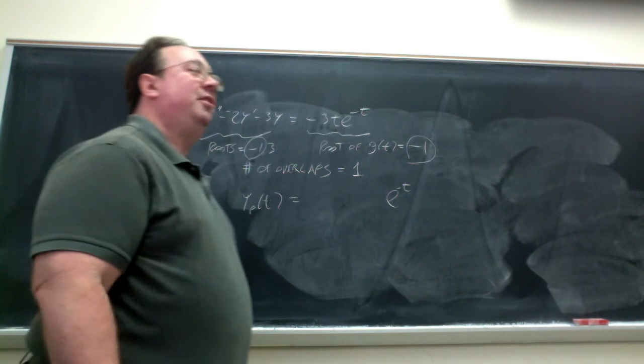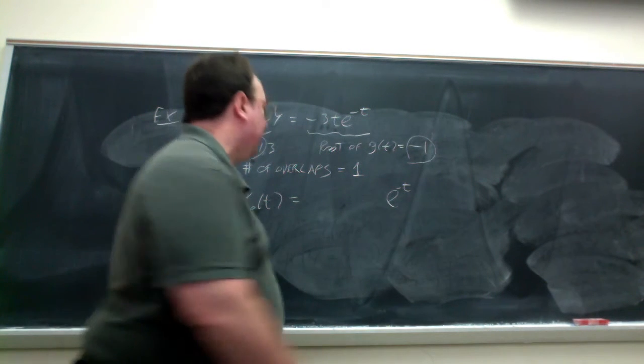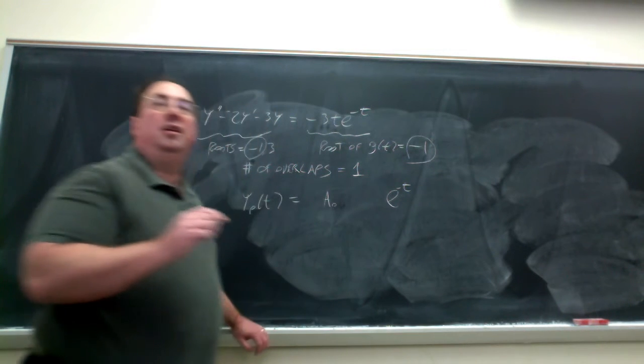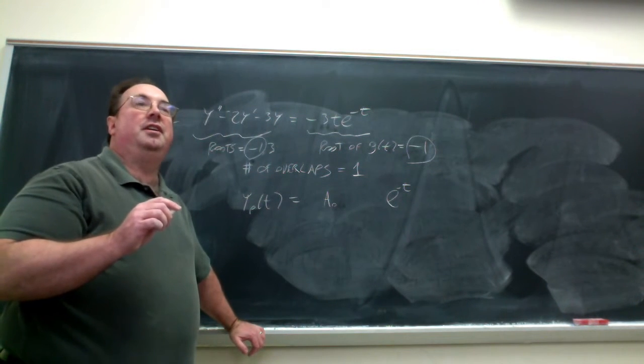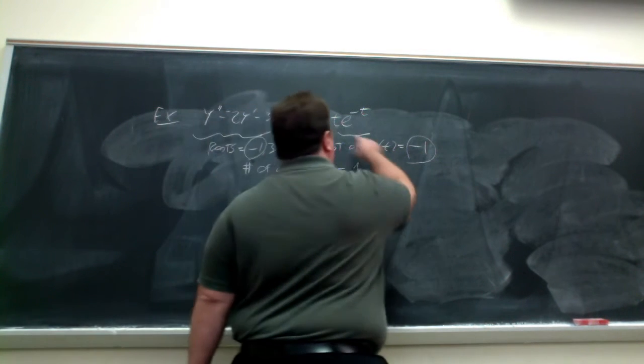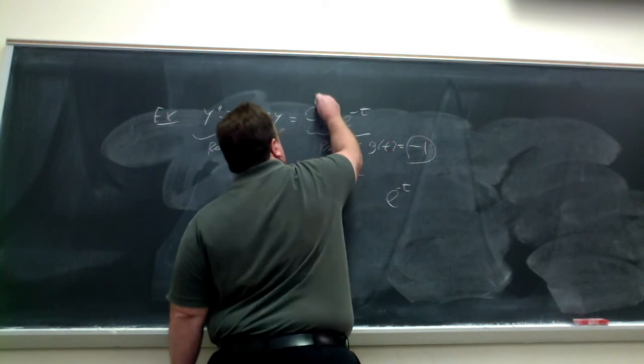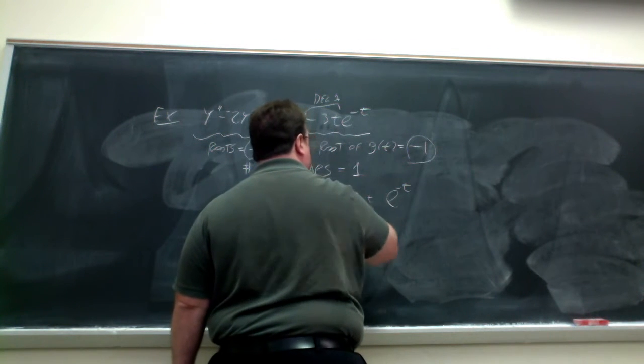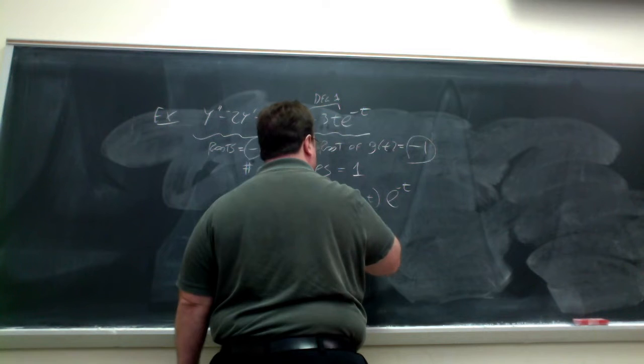A constant, I'll call it a0. And what else do I need? Plus a1 t. Yeah, because we have a polynomial of degree 1 here, that means we have a polynomial of degree 1 here also.